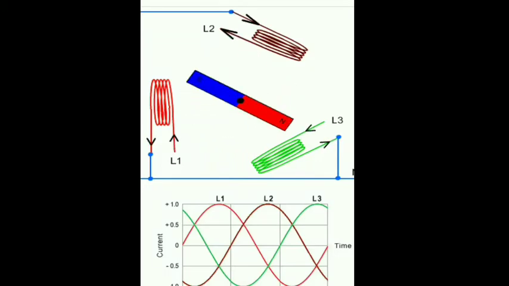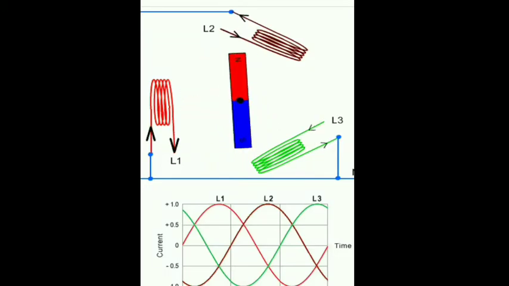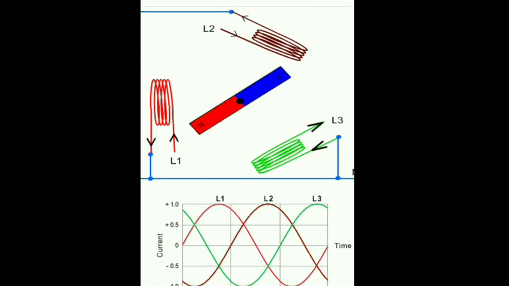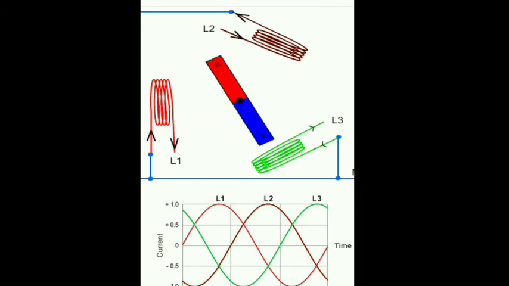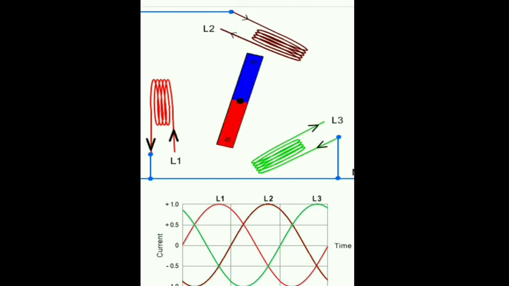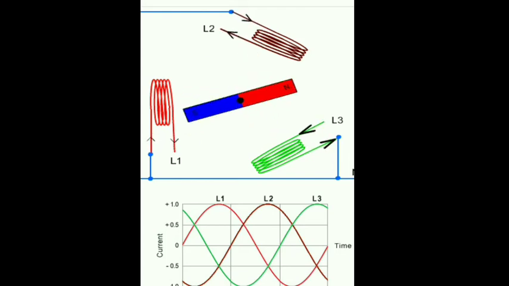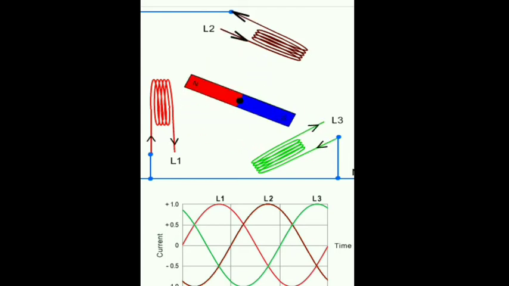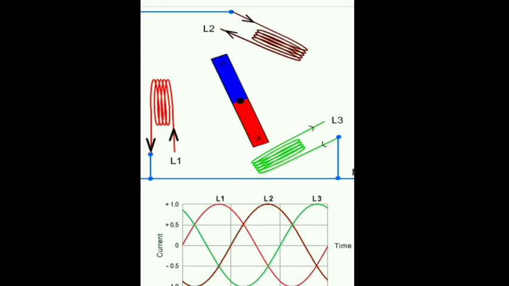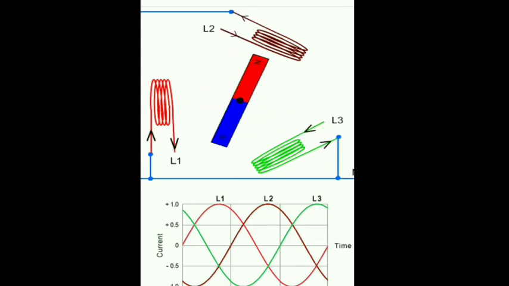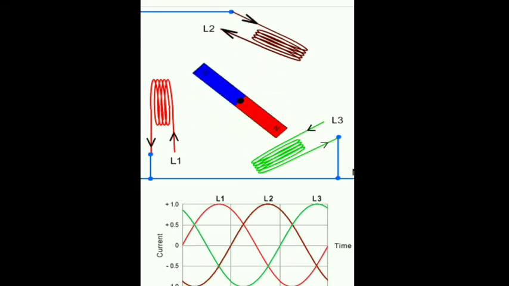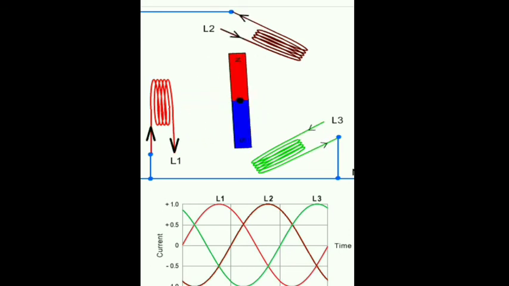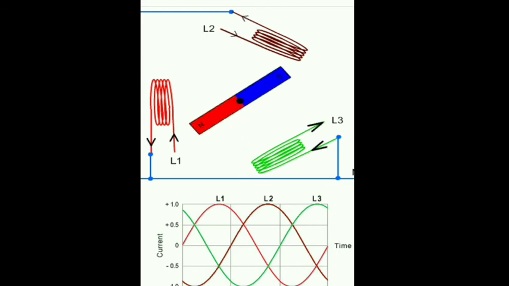In this module, you will see the three phase stator winding, that is red, brown and green, or L1, L2 and L3, and the field winding in the rotor, and also the three phase sine wave with 120-degree phase difference.